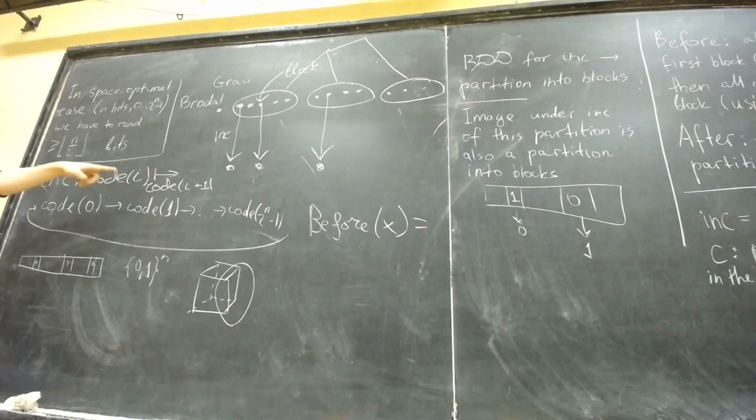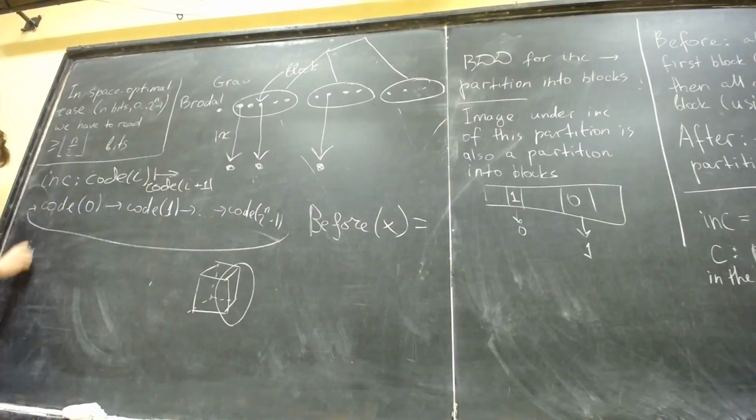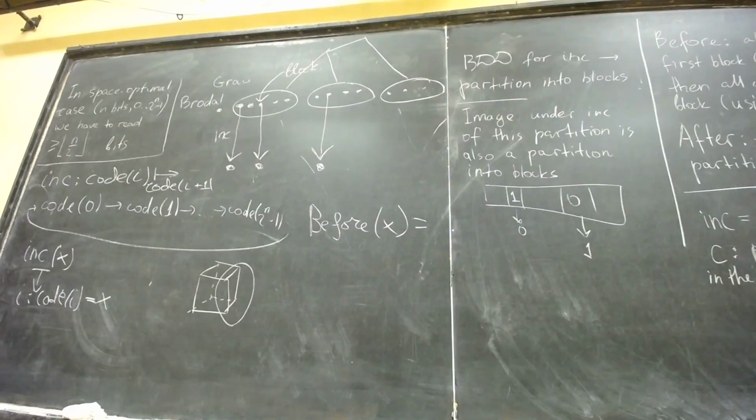These strings represent codes, and those points in ellipses also represent codes. So we take a binary string x, then compute a number i such that code of i equals x, and then you output the code of i plus 1.